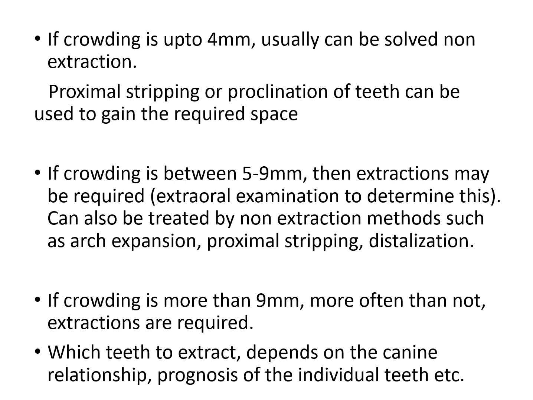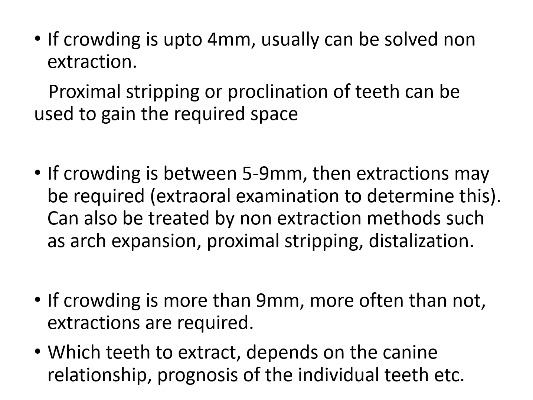As I said, if crowding is up to 4 mm, it can usually be solved non-extraction. That means you can do proximal stripping, or slightly procline the tooth if there is no overjet. If crowding is between 5 to 9 mm, then of course you will need to extract.